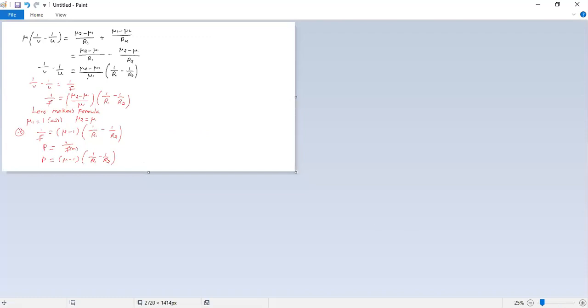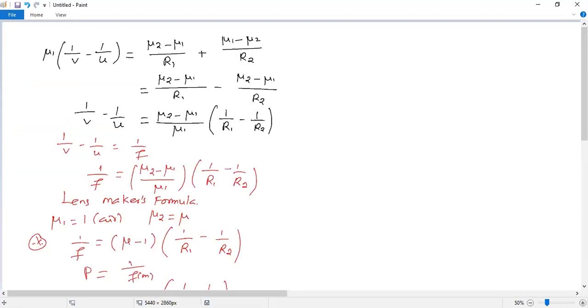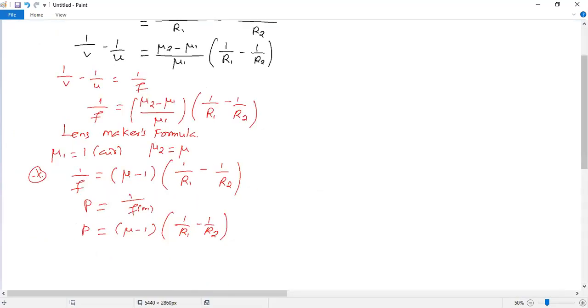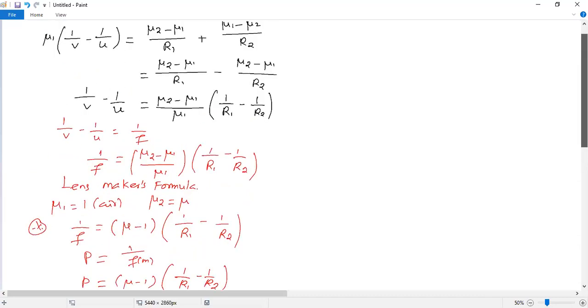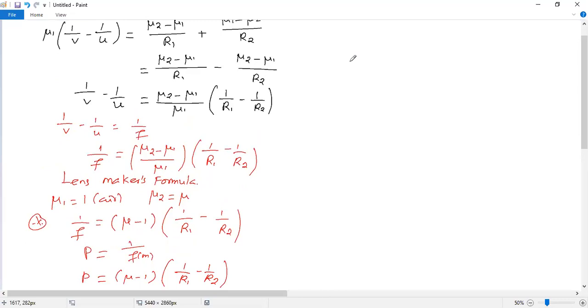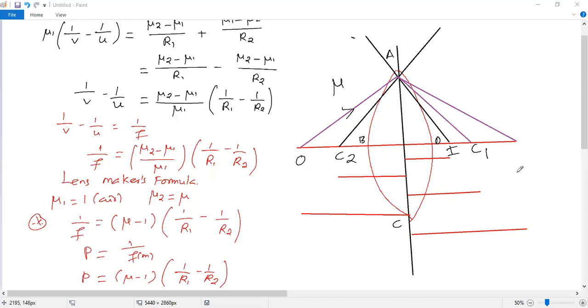Complete fast. One minute. This is V. This one is radius of curvature R1.